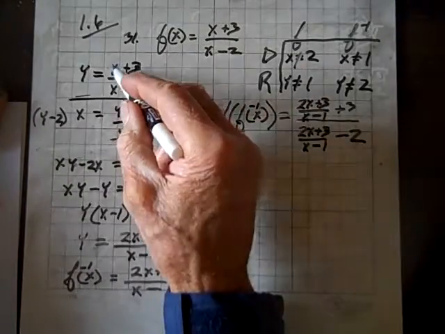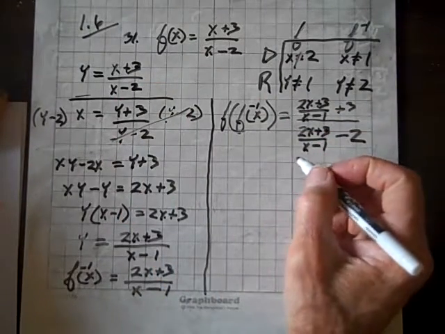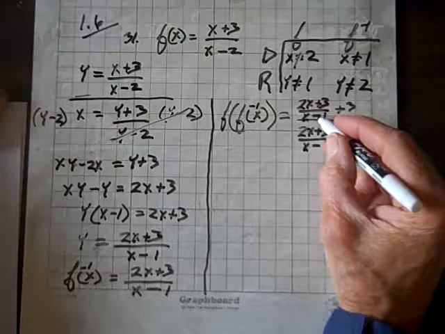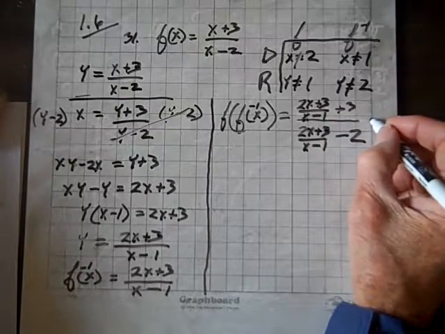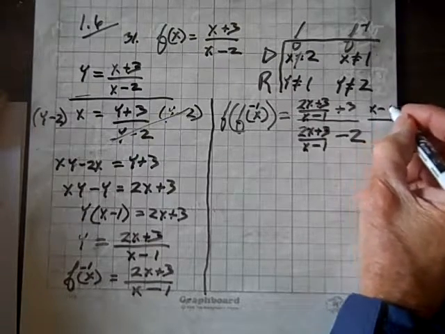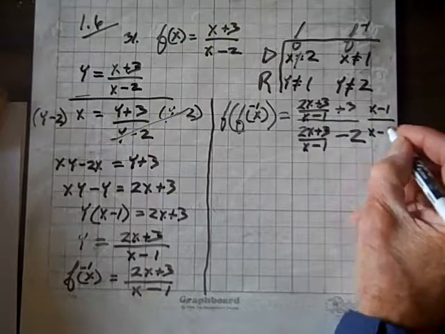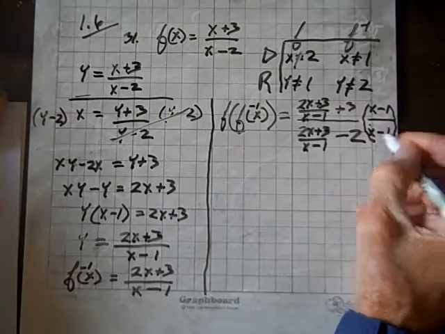So all we did was replace each x with f inverse of x. Now we need to get rid of these common denominators of x minus 1. So let's multiply by 1 in the form of x minus 1 over x minus 1.